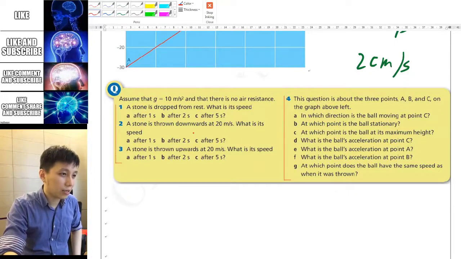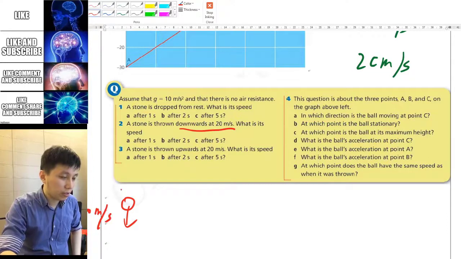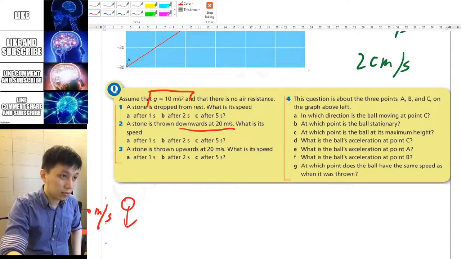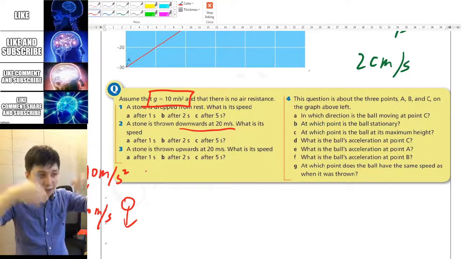Question 2 is that now it got thrown downward with 20 meters per second. So imagine the ball or whatsoever, the stone actually, 20 meters per second. And then the downward acceleration is g, which is 10 meters per second squared. So they are in the same direction.